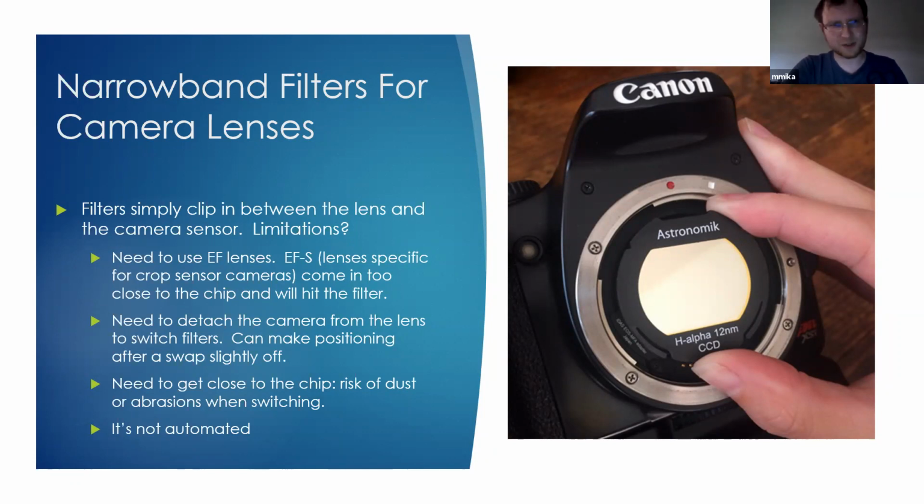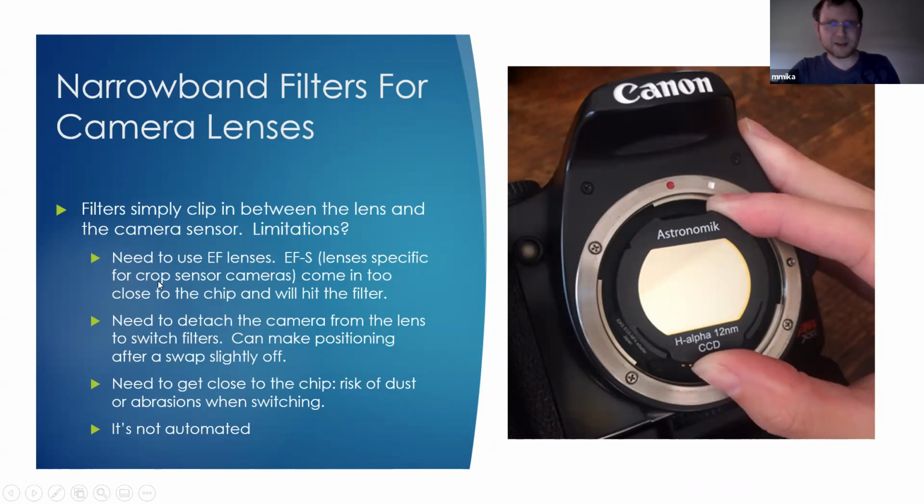It'll hit the filter. Another disadvantage, every time you want to switch filters, you don't have that filter wheel. You got to take your camera off, pop the filter out, try not to scratch the sensor or anything. Make sure your camera attaches back without rotating your imaging train. Okay, so it's not a smooth process.